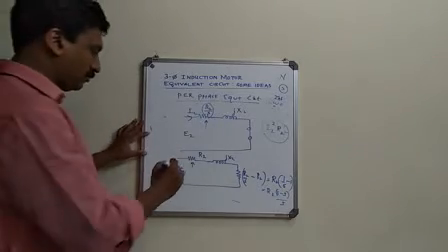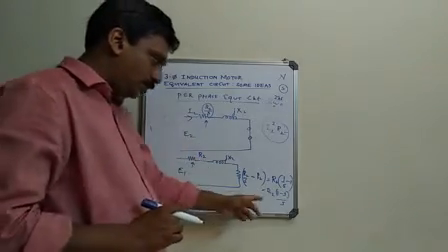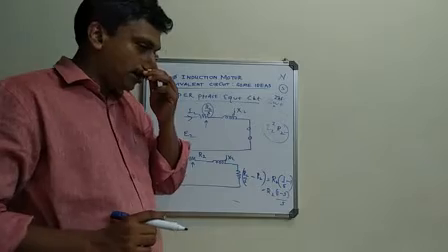So this is the electrical copper loss, and this resistance is equivalent to the mechanical power output.